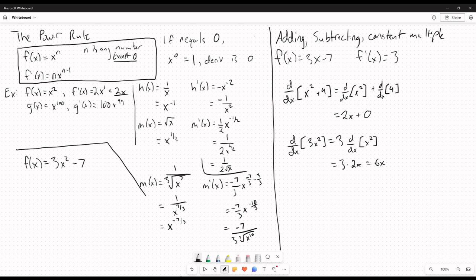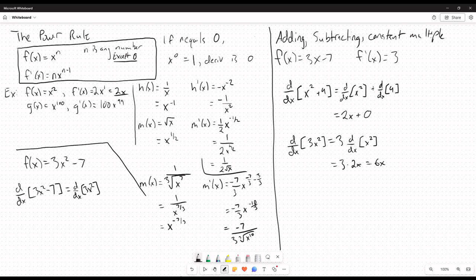Okay. So with those rules, we are now ready to take the derivative over here of this function. All we need to do is split it up term by term. And I will go ahead and use this other notation just for fun. You don't necessarily need to write it this way. We could write the derivative of 3x squared minus 7. First we want to split it up term by term. So that's going to be the derivative of 3x squared.